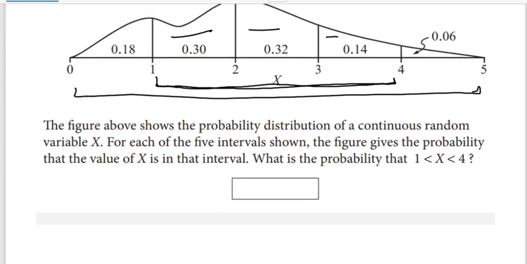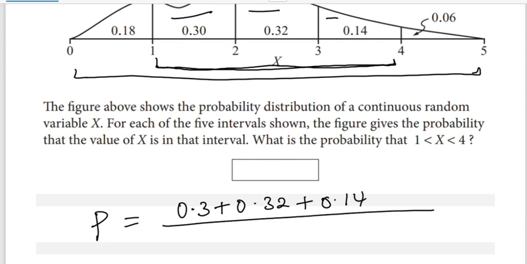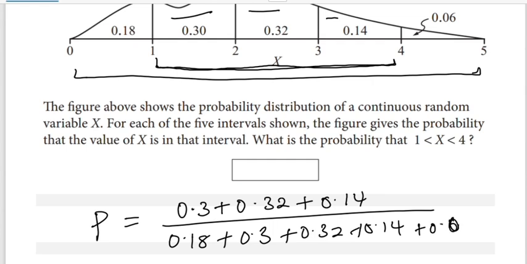Okay, which simply means what we're looking for here, the probability here is simply 0.3 plus 0.32 plus 0.14 all over the total sum, which is 0.18 plus 0.3 plus 0.32 plus 0.14 plus 0.06.